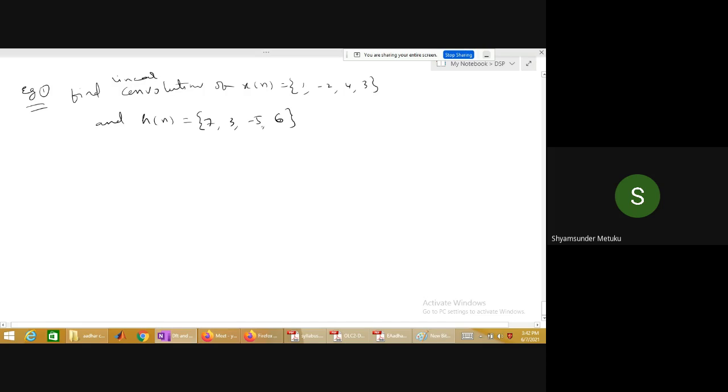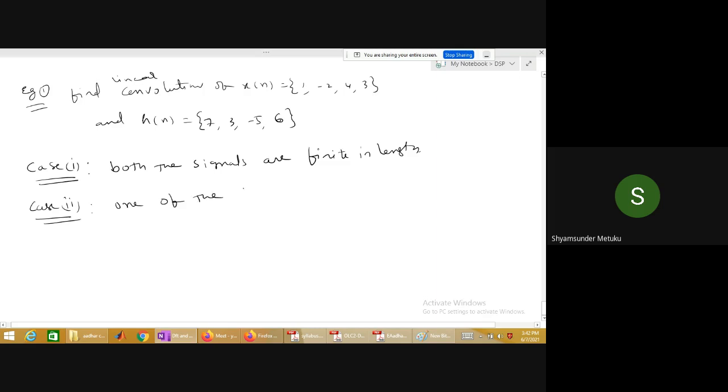Now you tell me, both x of n and h of n are finite or infinite in length? Finite. So generally when you try to perform the convolution, we will come across 3 cases. Case 1, both the signals are finite in length. Case 2, one of the signals is infinite in length.